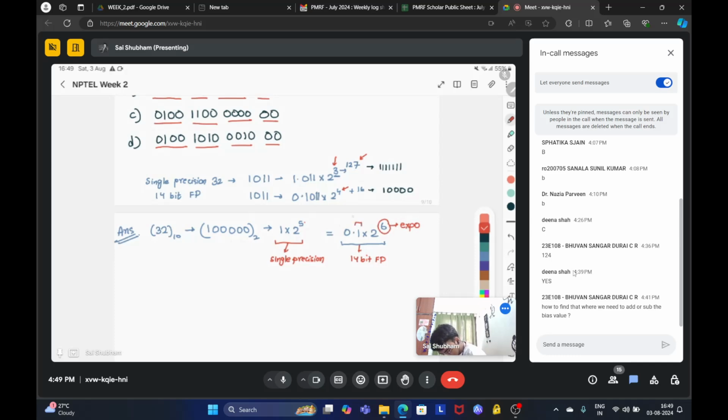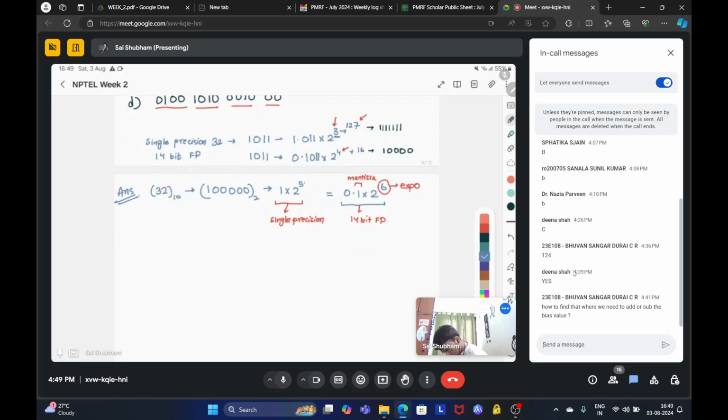This part will be the mantissa. So this will go like this: 6 plus bias, which is 22.